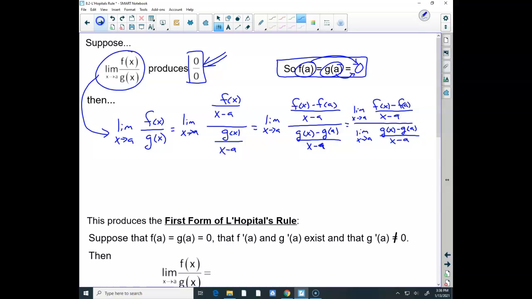You probably are like, I haven't done limits for a long time, but this right here and this right here are very, very special things. If you look at them, f of x minus f of a over x minus a, hey, that's the slope of a line, isn't it?